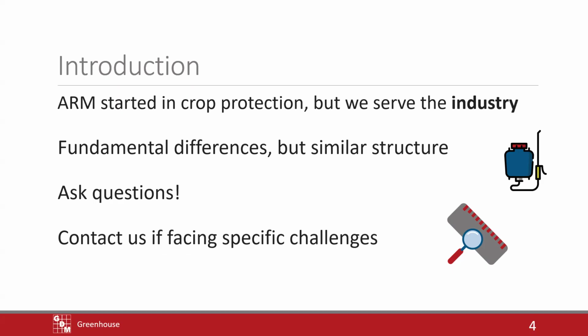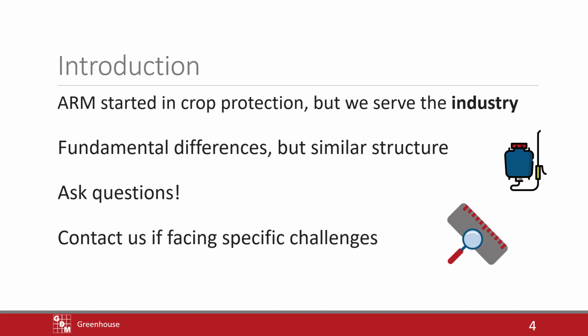We started in crop protection, but grew the software to cover really all aspects of the agrochemical research. And so, it's used worldwide. Really, the flexibility of it has allowed it to grow for all different types of research.